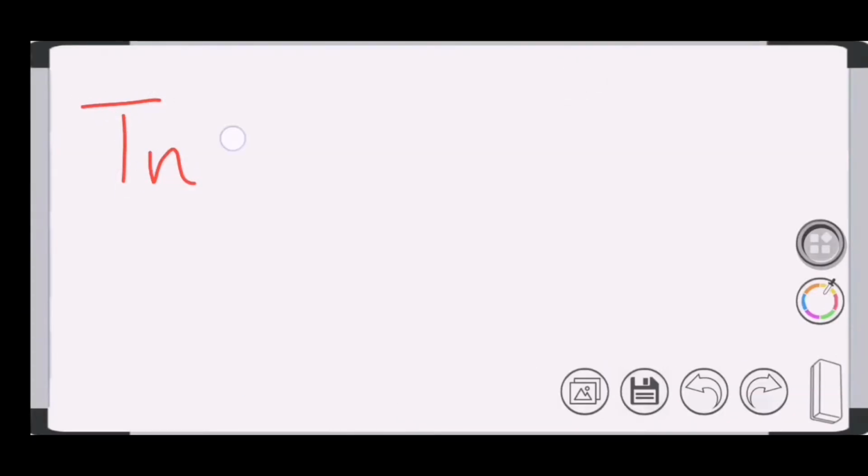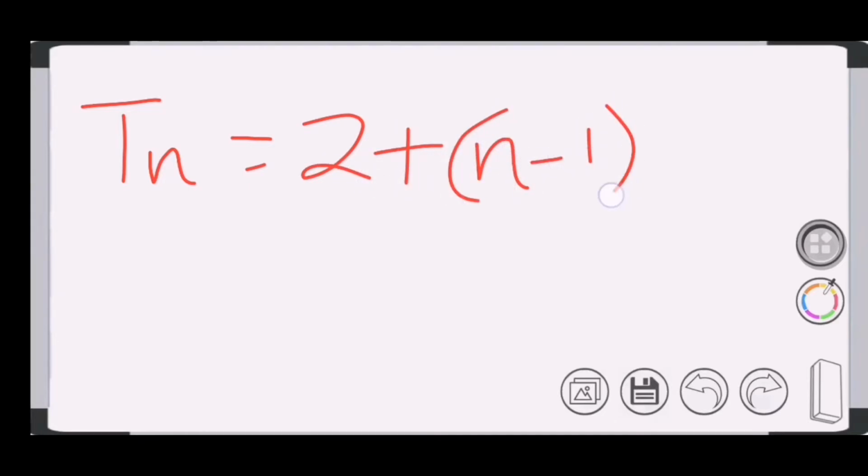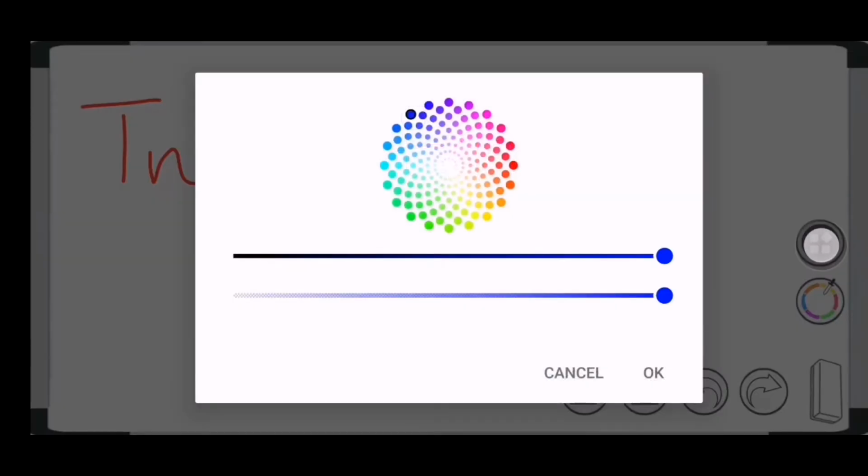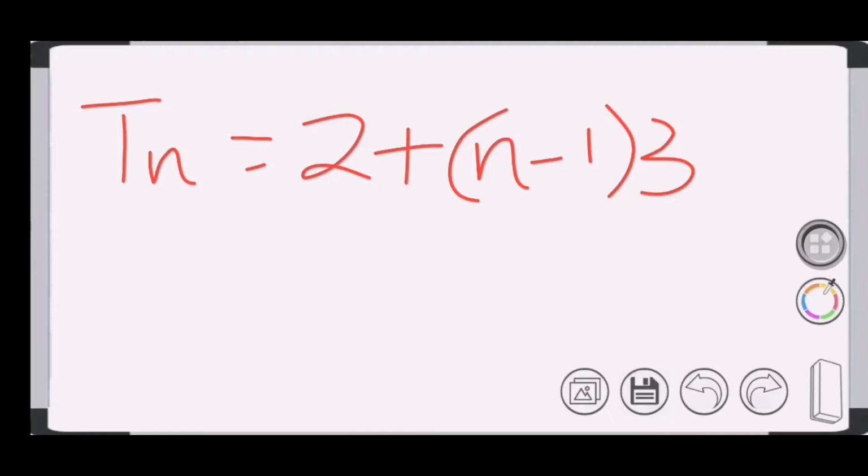So we are here now. Tn is equal to 2 plus into bracket n minus 1 and a D. What is left is to expand or simplify the bracket. We have done this in multiplication of algebraic expression. If you don't know that, please pause the video, go and watch that among the list of videos I have, and return to us.